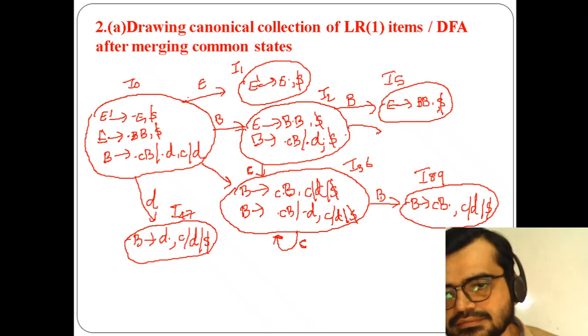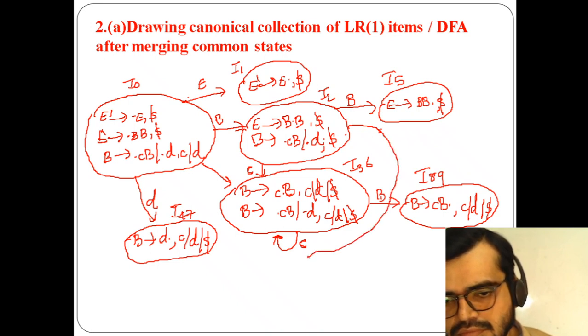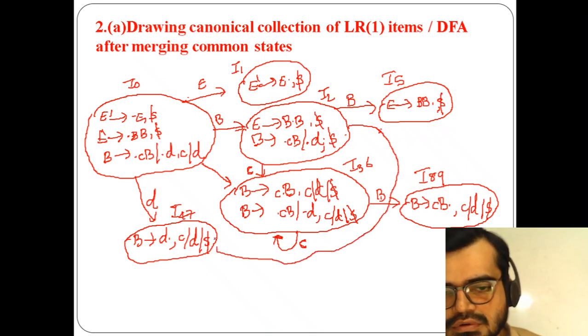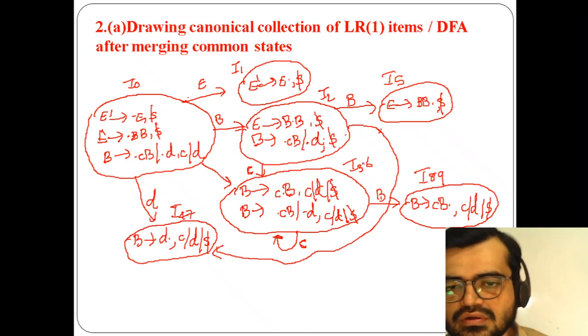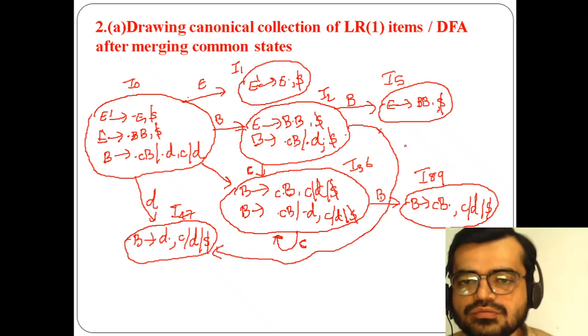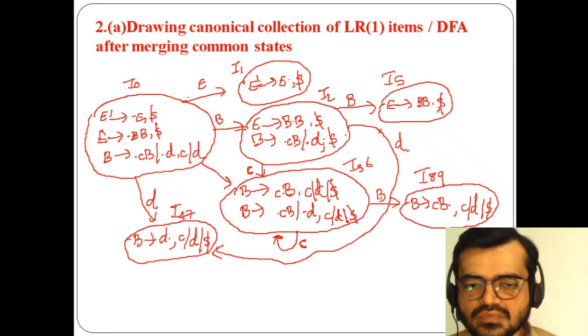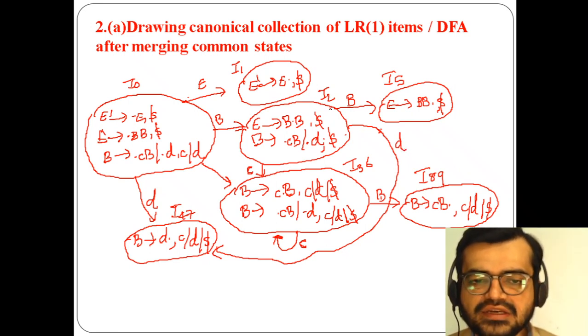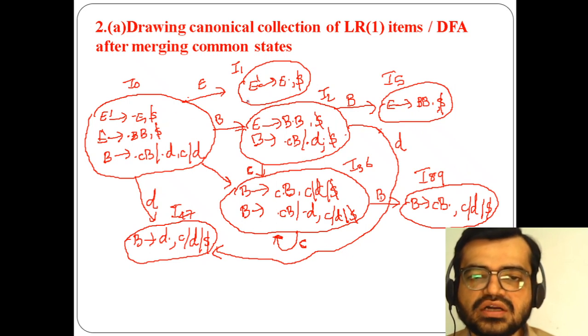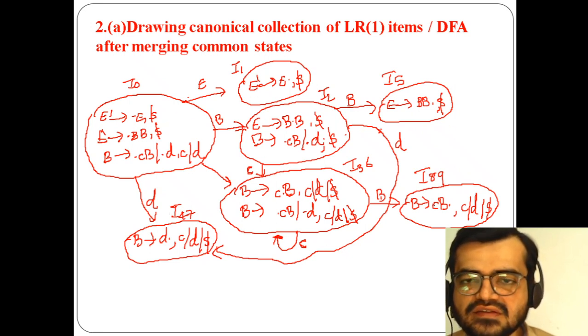So here small d, okay. So in this way we have completed the states, how many can you see, 1 2 3 4 5 6 7.